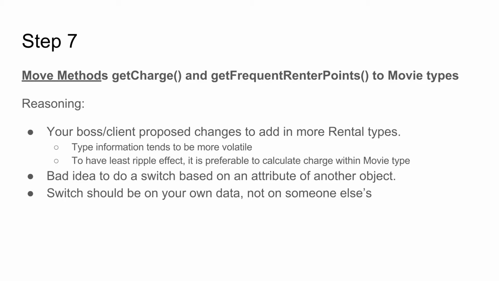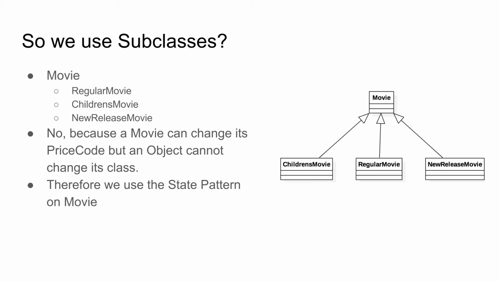One proposal could be using subclasses: you've got movie, regular movie, children's movie, and new release movie. At first it could be a good proposal, but actually no, because a movie can change its price code, but an object cannot change its class.